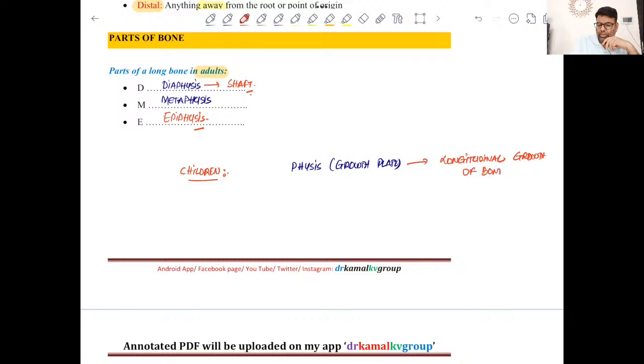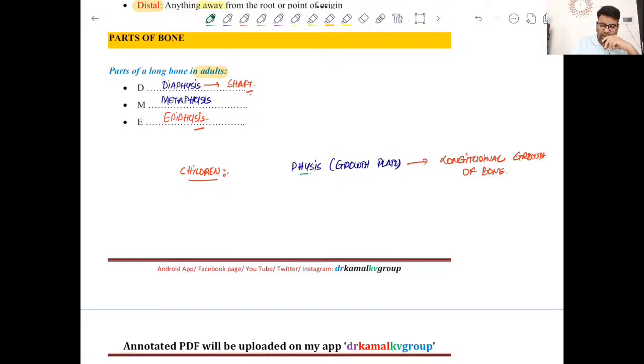When I say longitudinal growth, it means the bone will increase in length. So the function of this physis is to increase the length of bone, and this physis does not remain active throughout the age of a subject. It is till, you can say, around 16 to 18 years. After that it fuses, and therefore we say that after 16 to 18 years there is no further increase in the length of the bones or overall height of a subject, right? This is because the physis fuses.